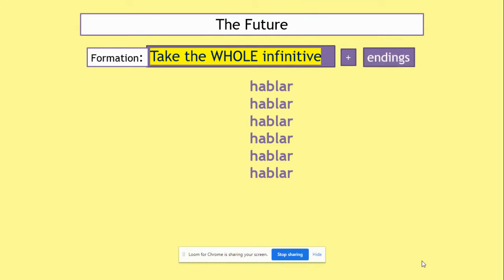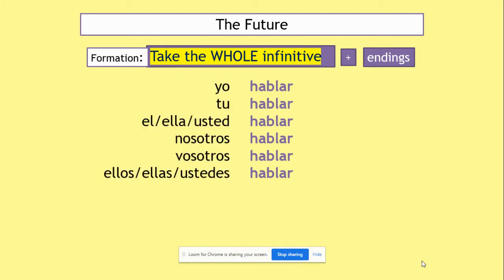Okay, and then we have to add a range of endings depending on who is doing the action. Okay, so here you have the different paradigms. Okay, the I, you, he or she, we, you plural, and they. Okay, and then we will have endings depending on who is doing the action. So if I want to say I will speak, it's hablaré.